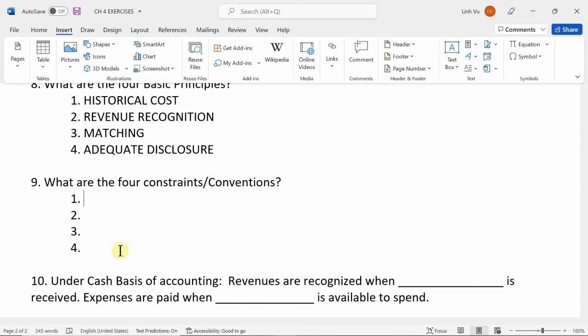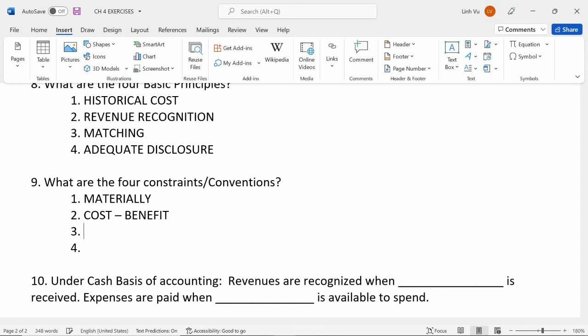Okay, number 9. What are the 4 constraints and conventions? Materiality, right? Is something worth it enough to record? What are the other ones? Cost benefit, right?